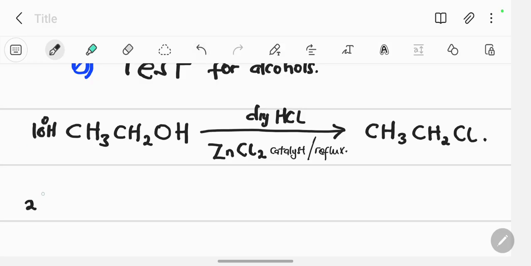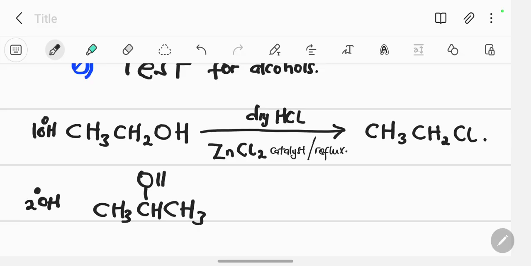Then what if I'm having secondary alcohol there? For example, CH3, CH2, CH3, and I add there my hydroxyl group.